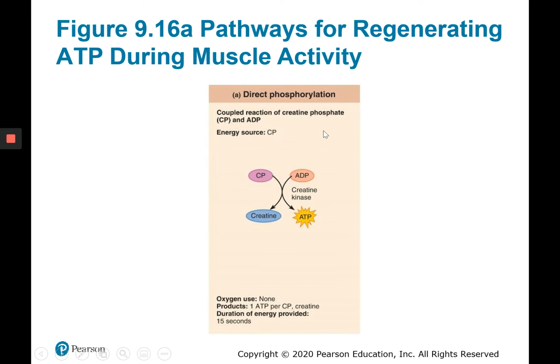Here's a good illustration to think about direct phosphorylation. We take phosphate from creatine phosphate, add it to ADP, we get our energy, and a byproduct is creatine. Very quick, but it only gives us 1 ATP molecule for an entire chemical process.